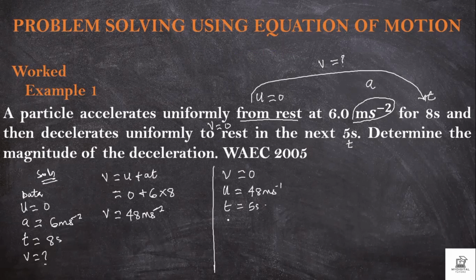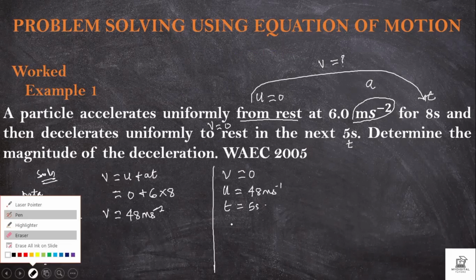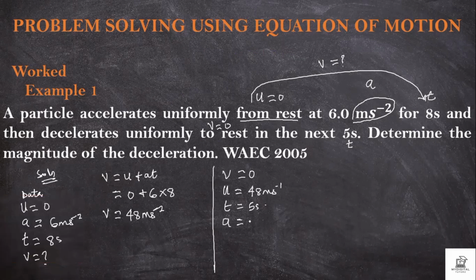So we're looking for deceleration. Deceleration is the opposite of acceleration. We can also use a for deceleration. The only difference is that deceleration is the negative of acceleration. So deceleration is equal to the final velocity v minus the initial velocity u, all over t. This implies I have deceleration a is equal to the final velocity, which is 0, minus the initial velocity, here 48, all over the time, which is 5.